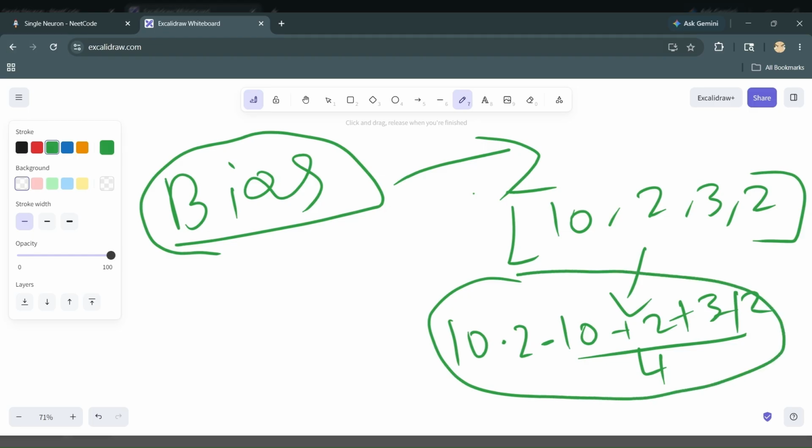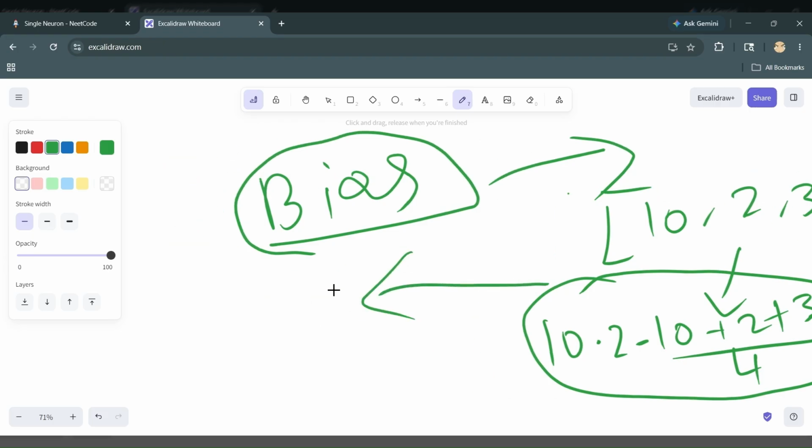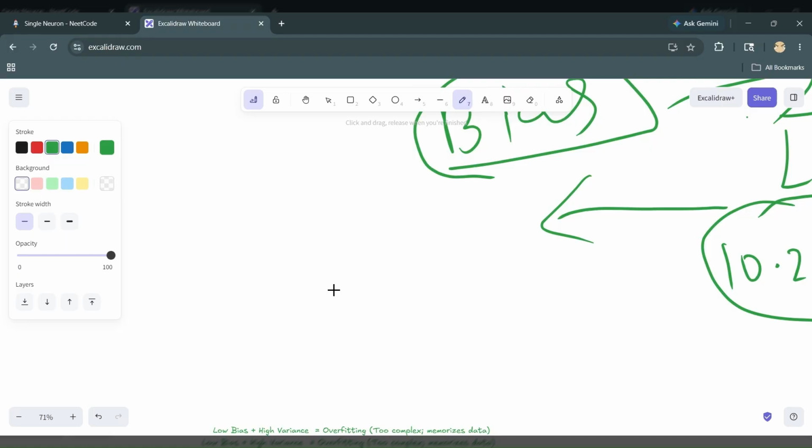From the real value, you'll take away the expected value or the average, so that you'll end up with some value, and that value can be either negative or positive. There are two kinds of bias, negative bias and positive bias.